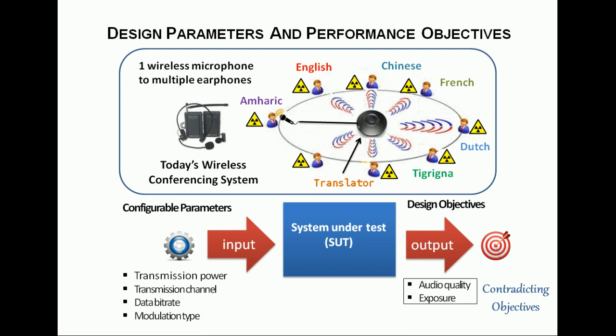Generally, exposure favors decreased transmission power. It will counteract the quality of the audio. Therefore, with a number of design parameters and contradicting performance objectives, we optimize wireless solutions to achieve the best settings.